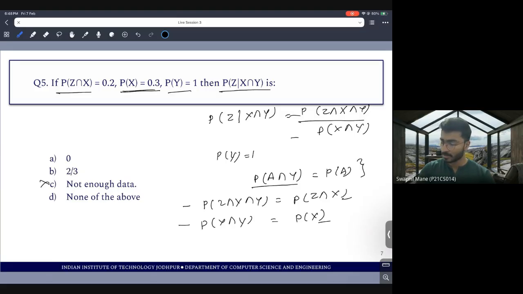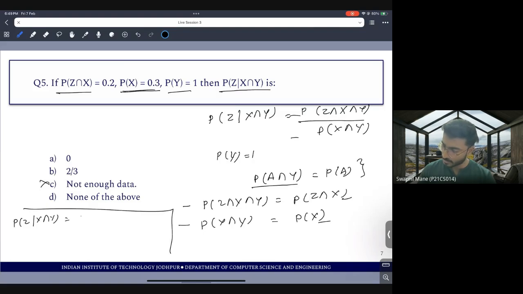So the equation is the probability of z given that x intersection y. Here the revised formula is the probability of z intersection x divided by the probability of x.